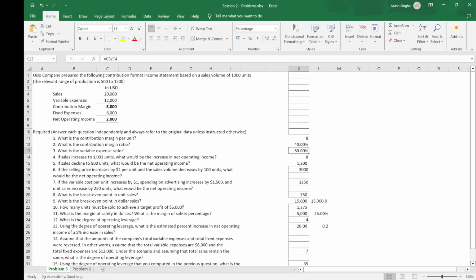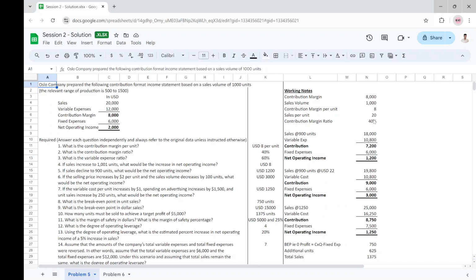What is variable expense ratio? Let me check. Okay, it should be 60%, right?